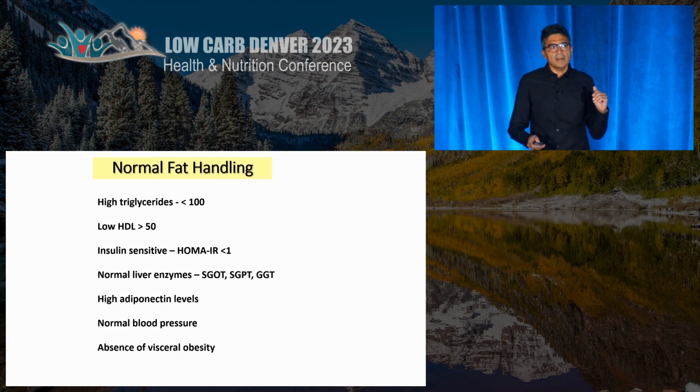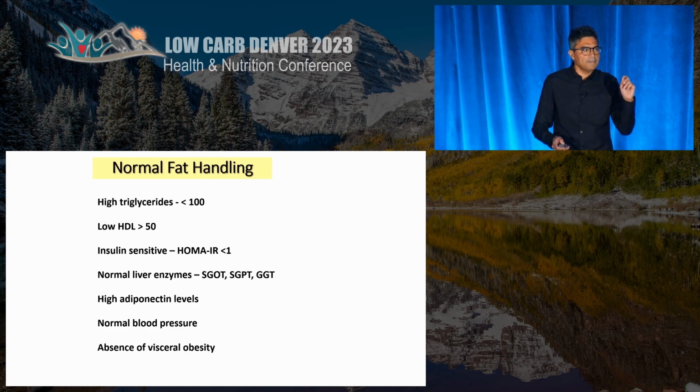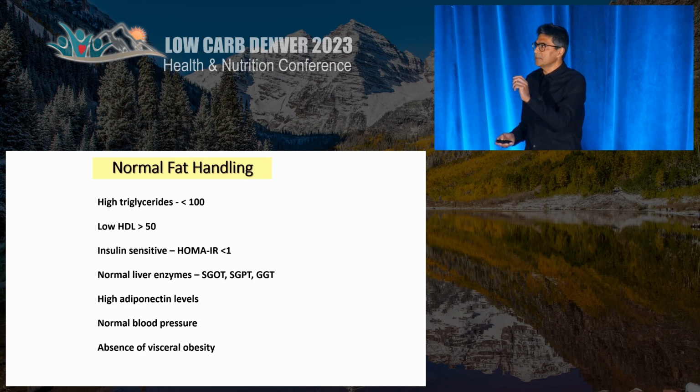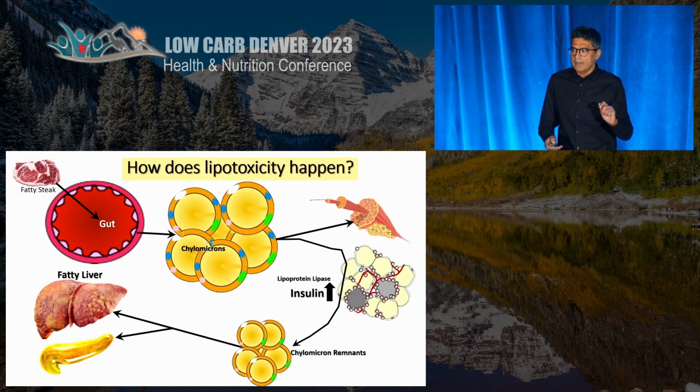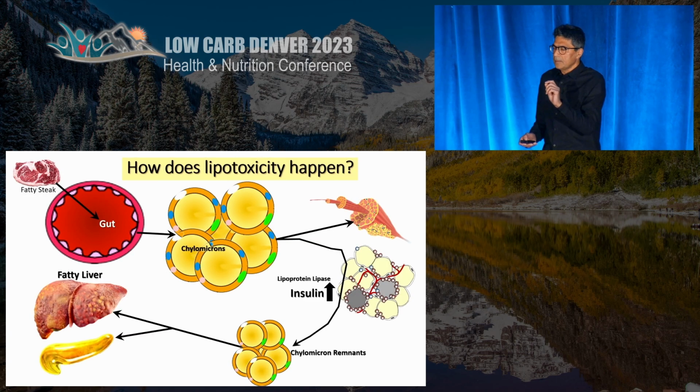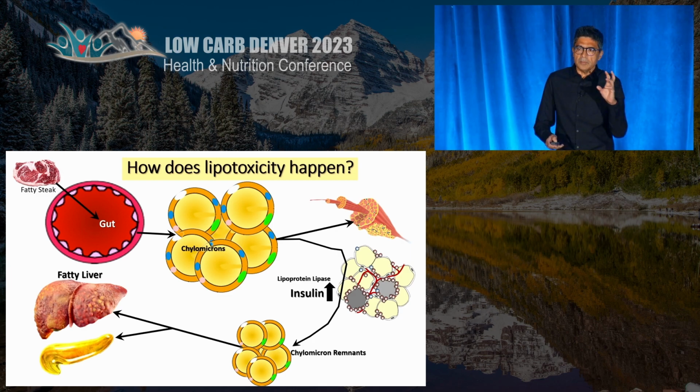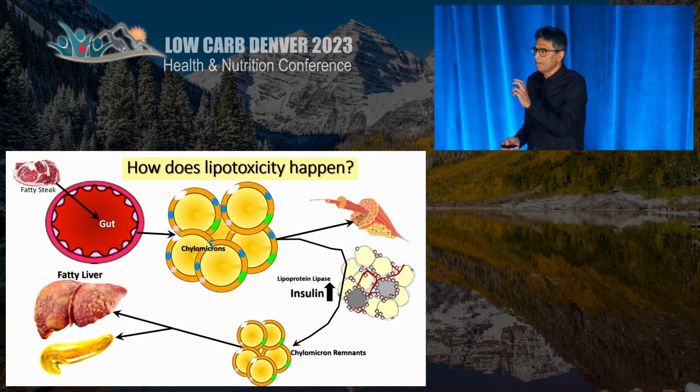By looking at some clinical parameters of low triglycerides and high HDL, I can say that somebody has normal fat handling. We'll get into the other parameters in a bit. Now with obesity and with overconsumption, you have a lot more fat globules or chylomicrons that are absorbed. The trouble is that the fat cells say we are overfilled and we can't take any more.